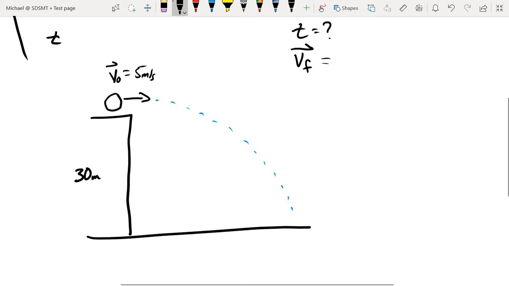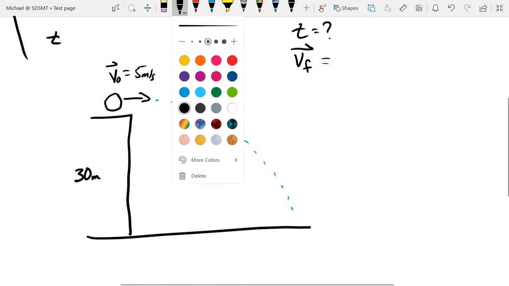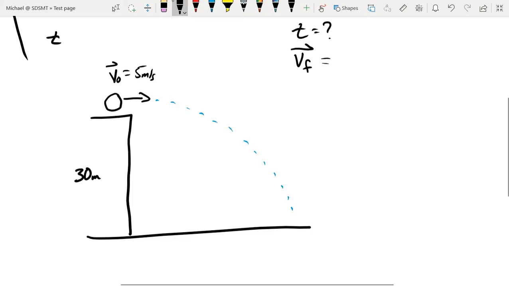And so that angle of our final velocity vector, you'll notice it's got a little bit of an angle to it. It will have a magnitude as well, but if we can get the x and y components of that final velocity vector, so we will have a little bit of a x and y component for that final velocity vector. If I can find those two components, then finding the magnitude and the angle is pretty simple.